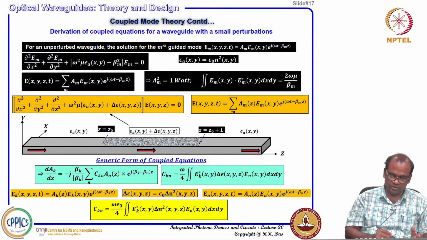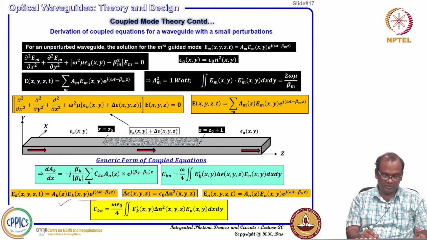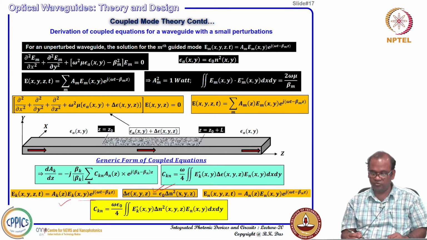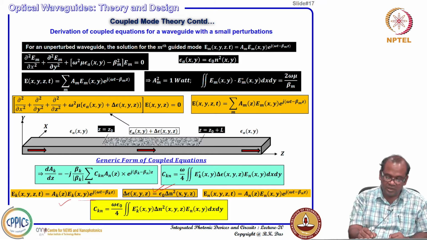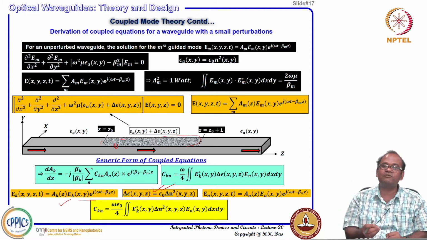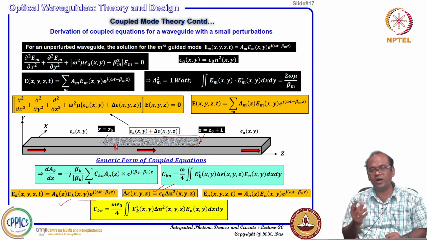Fine. Now, next we clean up. Now we see that for the kth mode, this is your field distribution, Ak(z) Ek(x,y) e to the j omega t, and this is the perturbation, which in terms of refractive index we can write. Suppose in this region somewhere you have a perturbation, for example some silicon core is removed completely and silicon dioxide is incorporated there, at some particular point, maybe by etching and then oxide.